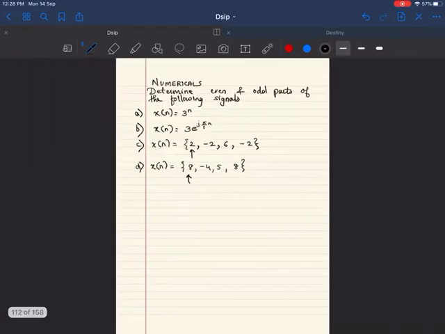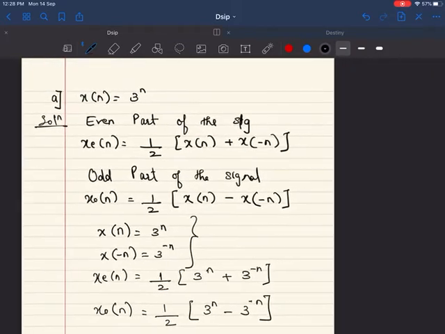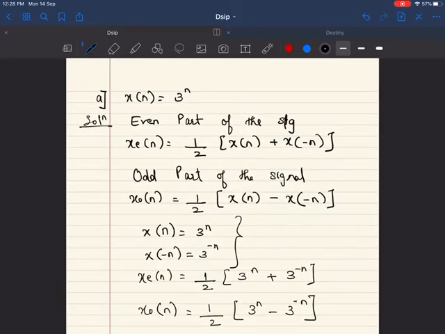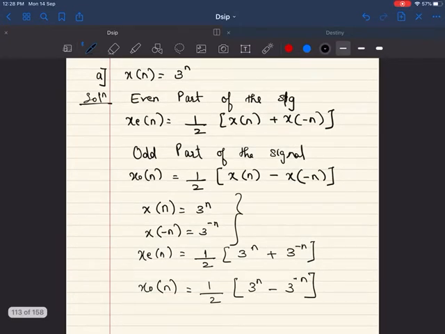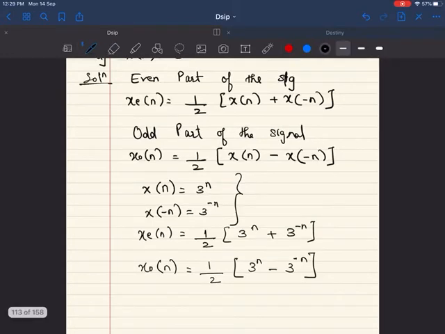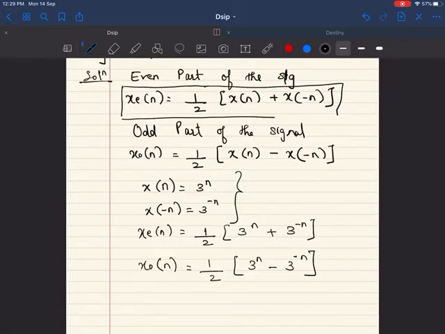Let's see a few numericals on symmetric and antisymmetric signals, also called odd and even signals. The first example is x of n equal to 3 raised to n. The even part of the signal is given by the formula x e of n is equal to half of x of n plus x of minus n.